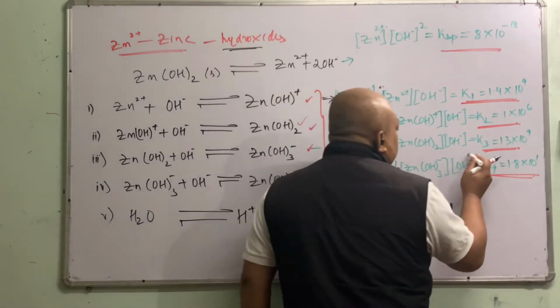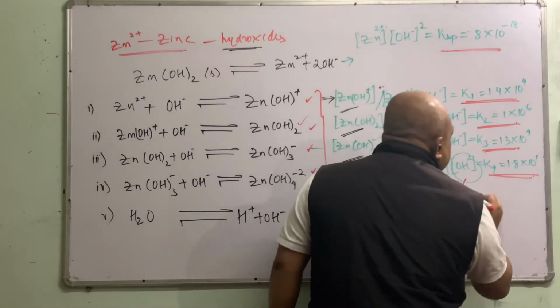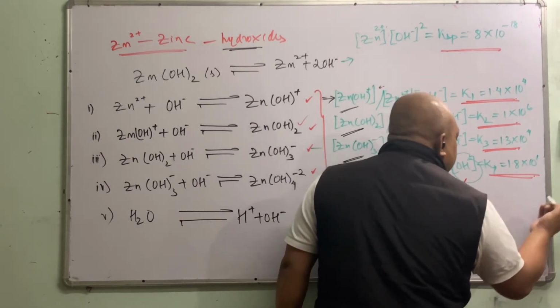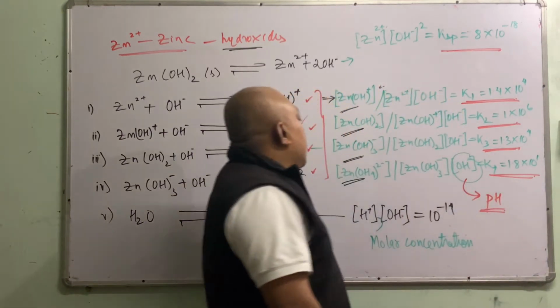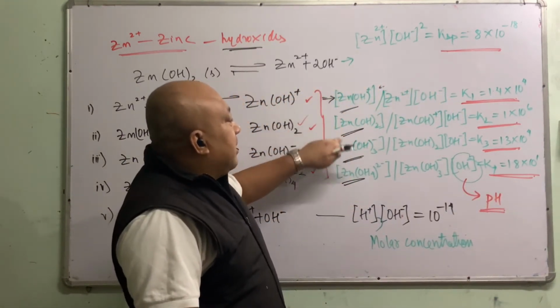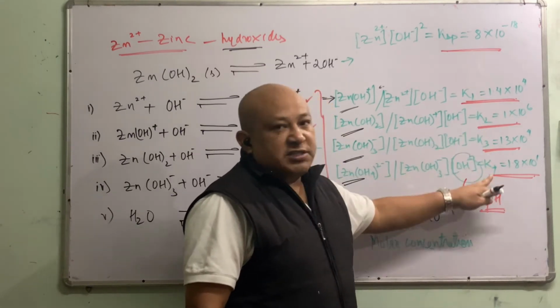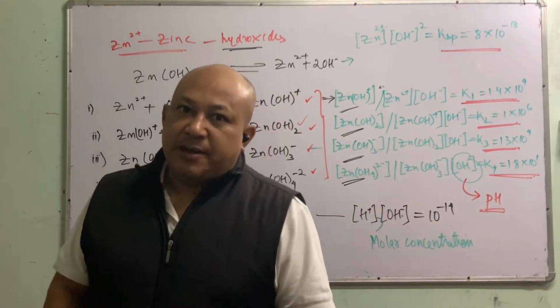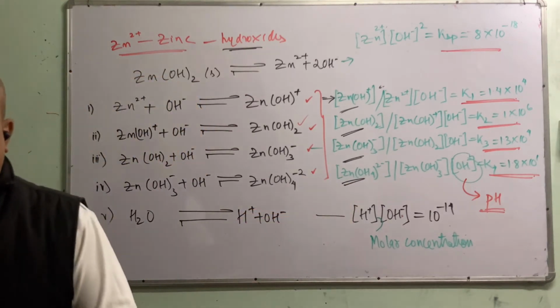What is OH? OH is indirectly related to pH. Am I correct? So, how these complexes are going to react at different pH, that we are going to estimate. Is it clear? So, let this be there. I'm going to start the work. Okay.